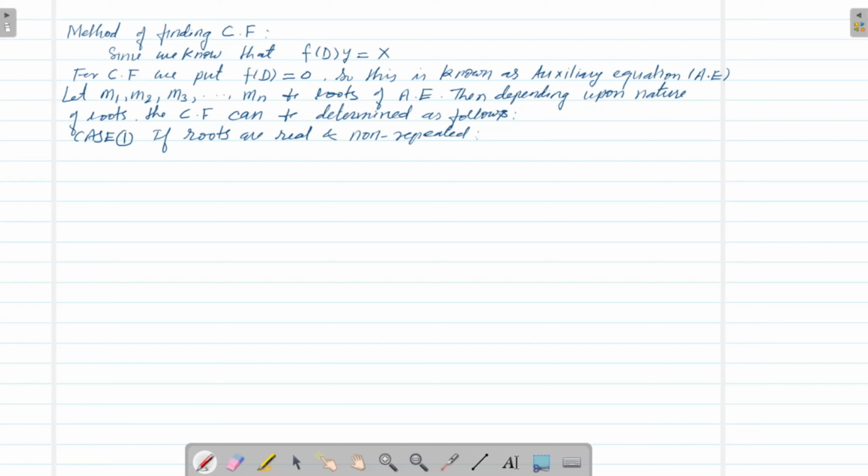Now suppose m1, m2, m3 up to mn are real and non-repeated roots.